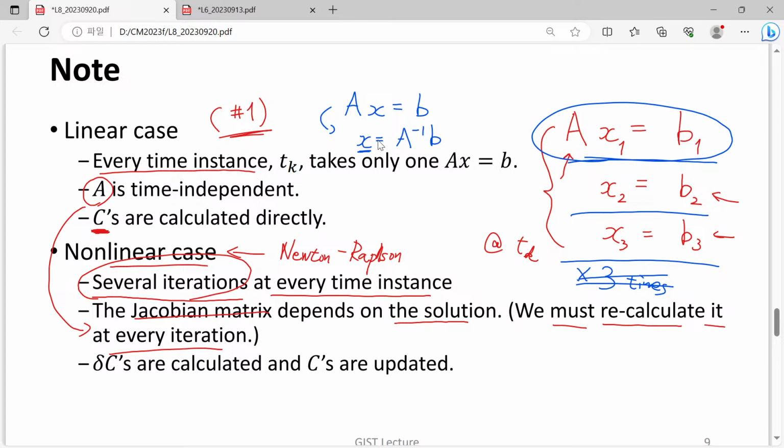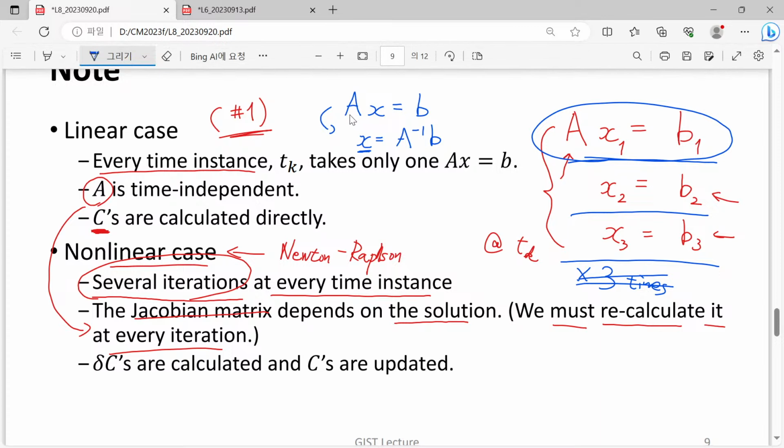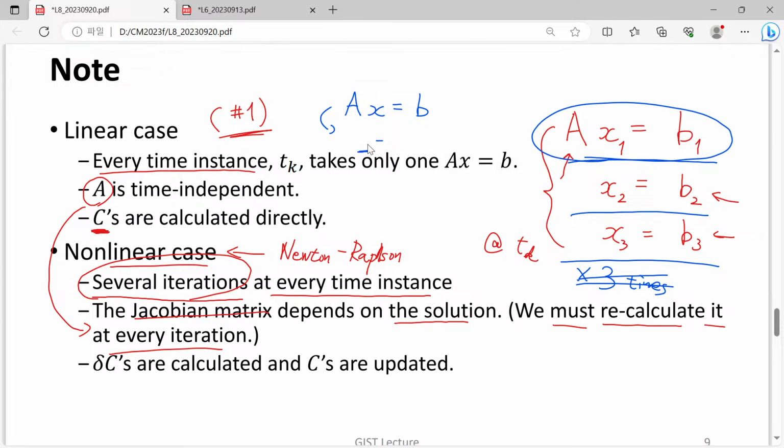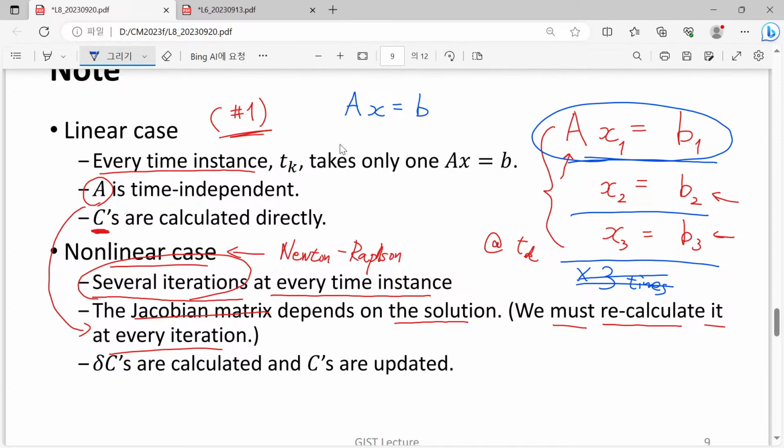However, in reality, in this numerical calculation, you do not explicitly calculate the inverse A matrix because it is quite costly to calculate it. So instead of that, we take two different steps. The first step is to find certain matrices which satisfy this relation. So it takes quite long.